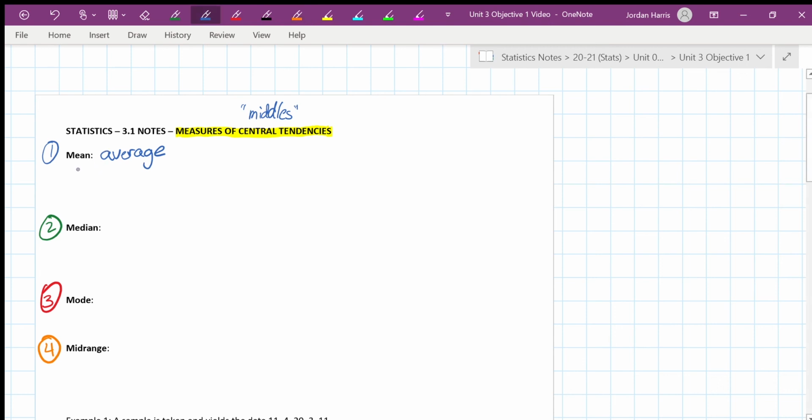So this is x bar equals the sum of x over n. And we also have mu, the Greek letter mu, equals the sum of x over n. Where the sum of x means sum of the data, add up all the data, and n represents the number of data points, how many data we have. So it's the same formula as you had before. Add them all up, divide by how many there are. That's the same thing.